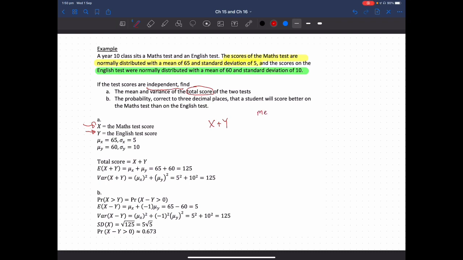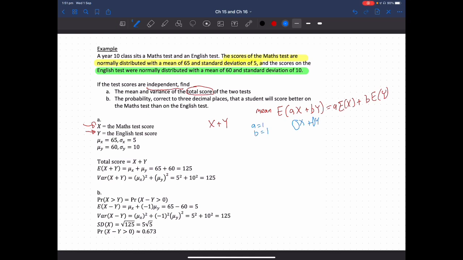For the mean, what we know is the mean, or the expected value, of a times x plus b times y is equal to a times the expected value of x plus b times the expected value of y. What we have is x plus y, which means a will equal 1 and b will also equal 1.